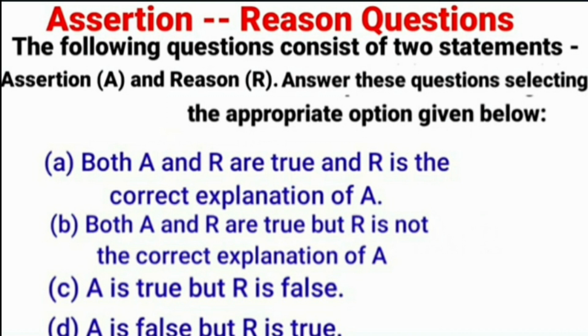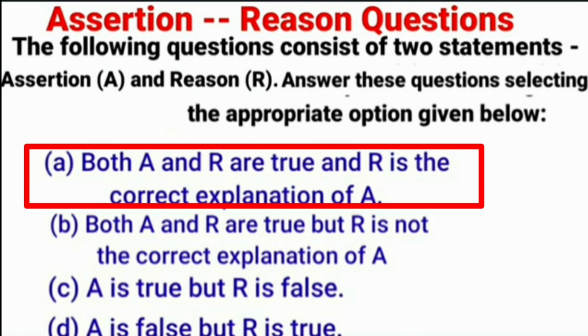The first tip is that you have to find out whether both these statements are true or false. If the assertion and the reason both are true, A and B, one of the options will be your answer. If the reason is the exact explanation of assertion, then option A is the correct answer.